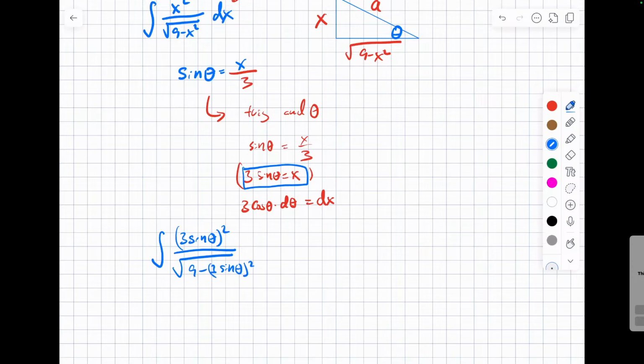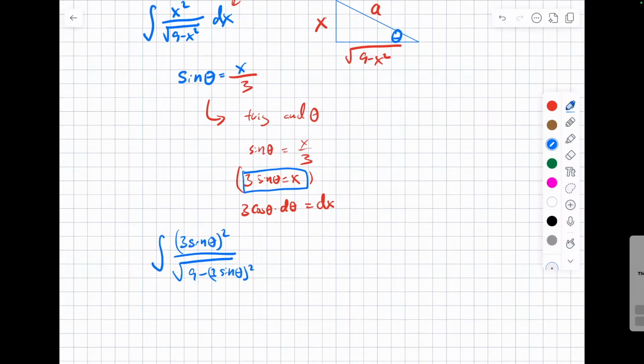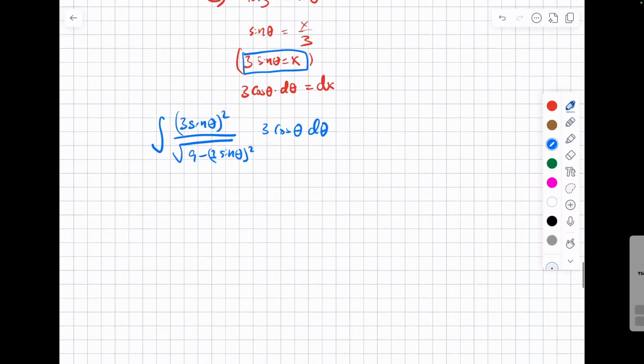Why is dx important? Because this dx needs to change into everything in terms of d theta. So this one is going to be dx equal to 3 cosine theta d theta.